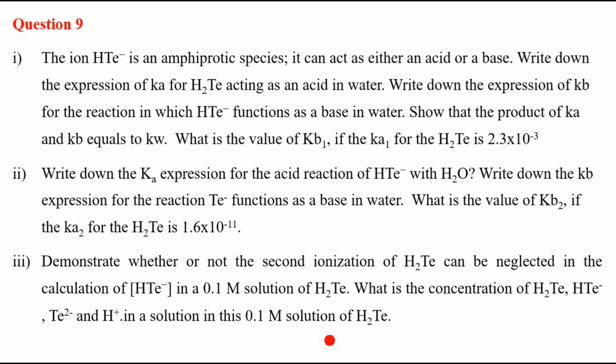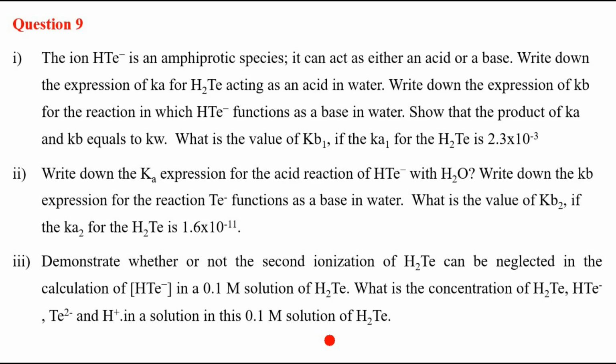Then they say write down the expression for Kb for the reaction in which HTe- functions as a base. That means if it is functioning as a base, it will attract the hydrogen, liberating the hydroxide. Then they are asking show that the product of Ka and Kb is equal to Kw. Then they are saying what is the value of Kb1 if Ka1 for H2Te is 2.3 times 10 power negative 3.